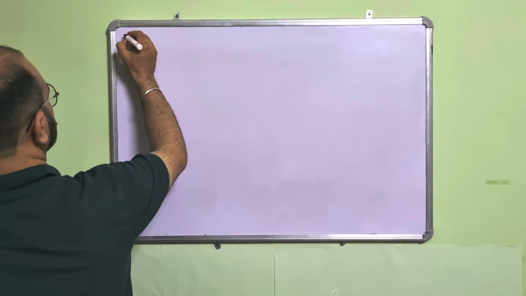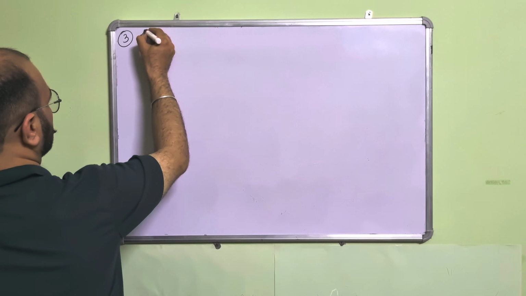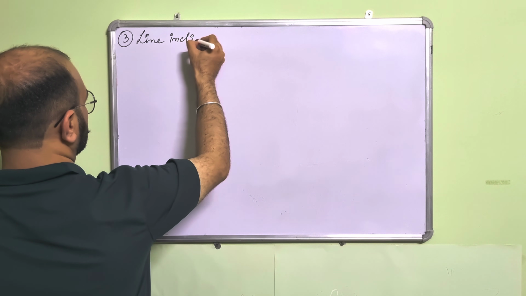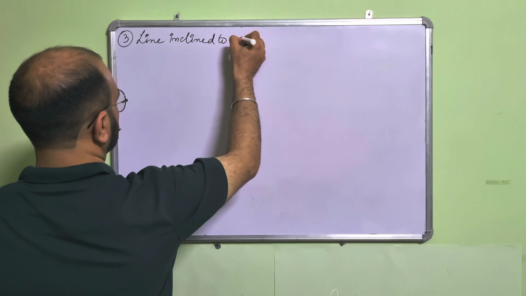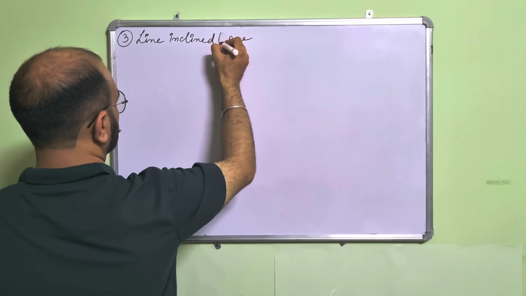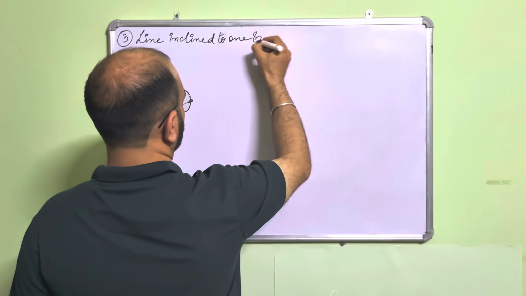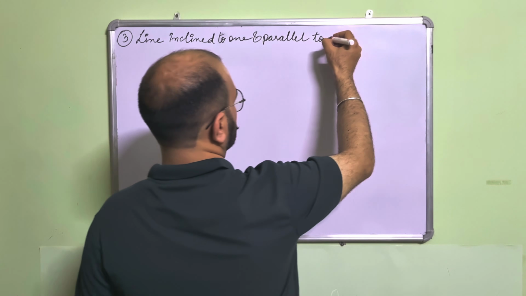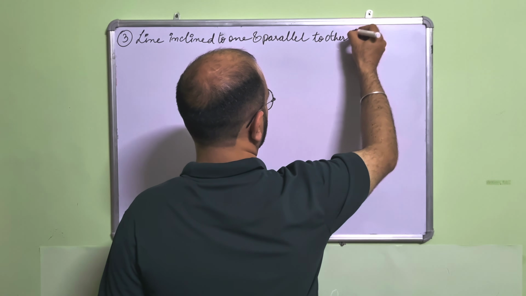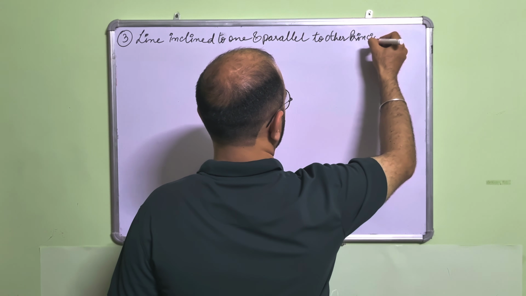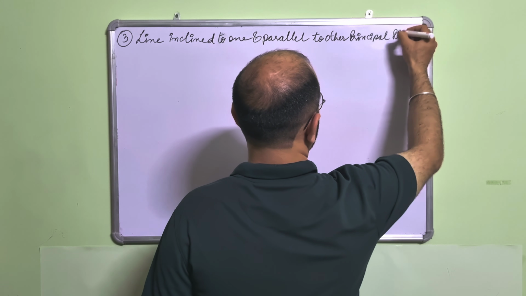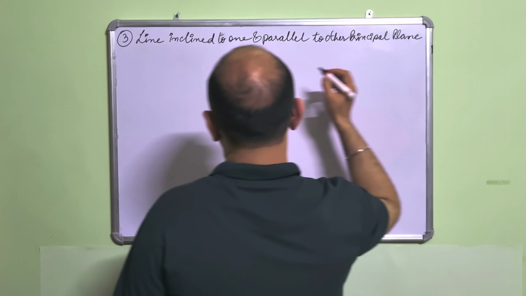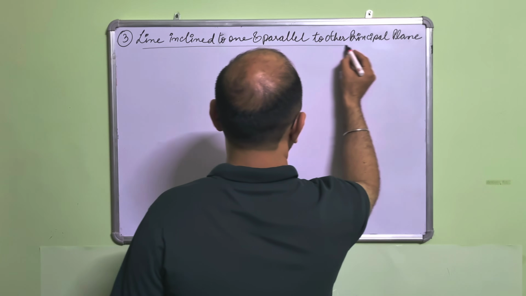The third case is: line inclined to one and parallel to the other principal plane. Inclined to one and parallel to the other principal plane.